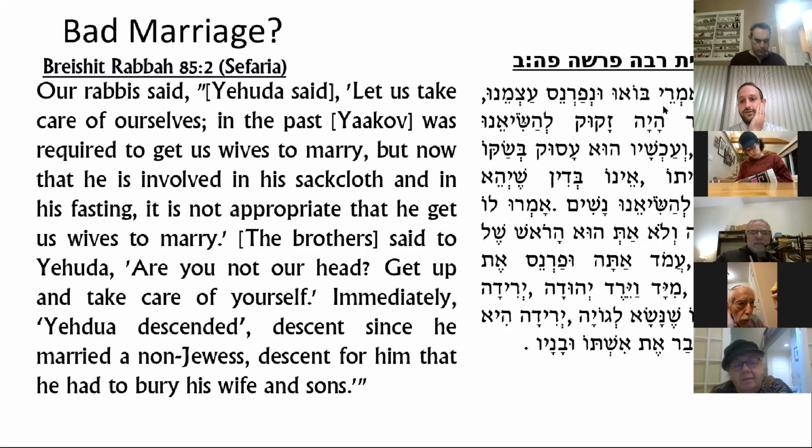This is saying that the Yerida they went down in was directly caused by their actions prior. Because of what they did to Yaakov, it led to Yehuda intermarrying, as well as the later death of his wife and sons.